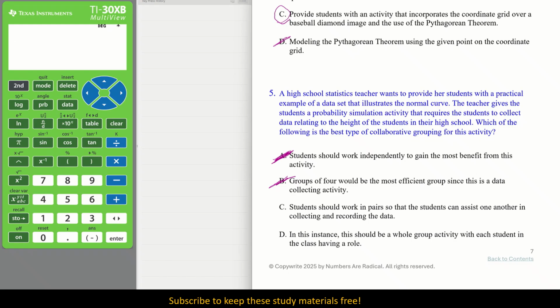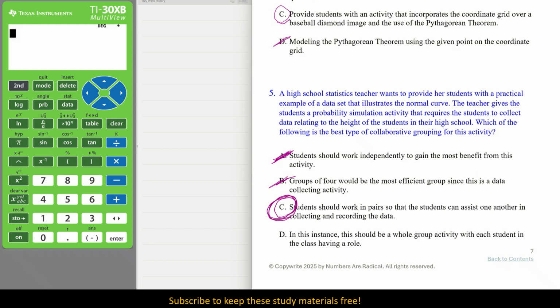In grouping your students in the classroom, you're going to have to play with it, but I find that 4 doesn't work the best. You have too many people to pull together, and students don't do it well. We're talking about young students. So I'm going to say C is the best answer.